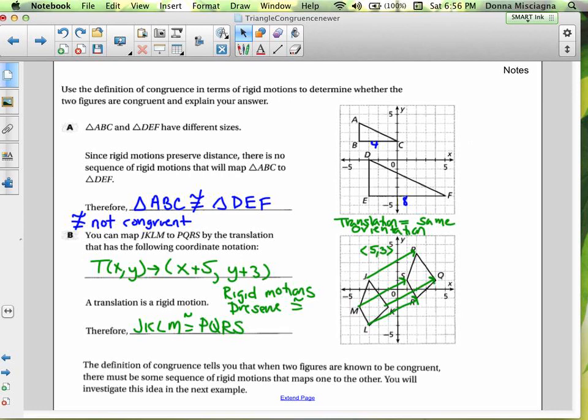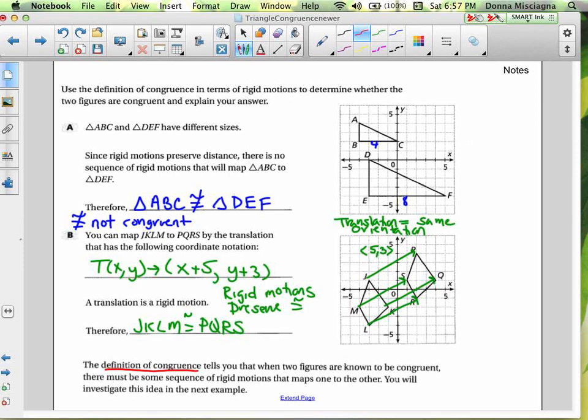The definition, and actually this should be in your notes, I know the whole page is in your notes, is the bottom part in your notes. It is not. So I want you to add this to your notes, but not the whole thing. Actually, you know what? Since you have the definition in your notes, that two figures are congruent if one can be mapped onto the other by rigid motions, I'm going to have you just write the underlined parts.